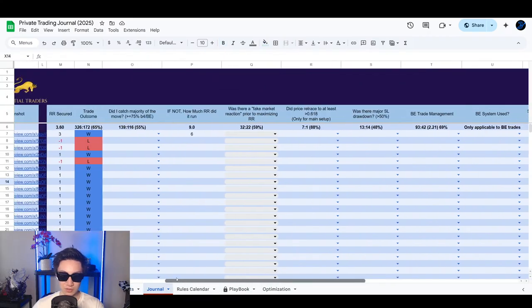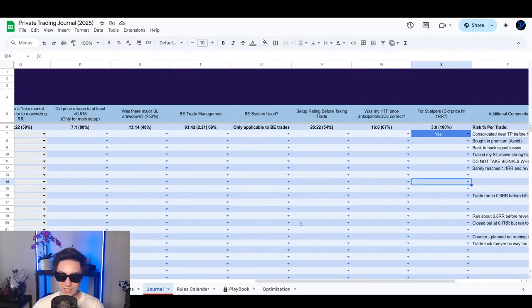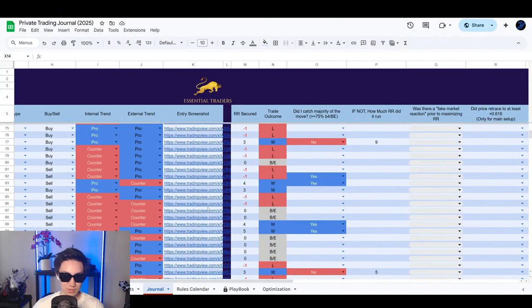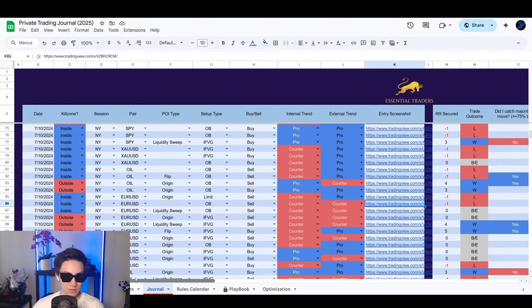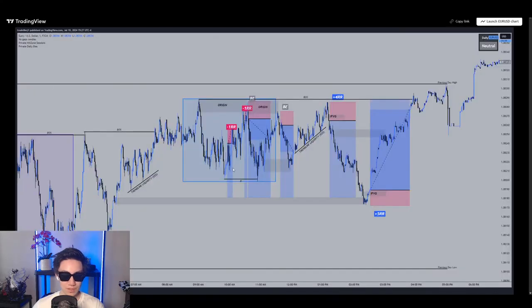I'll have to honestly look through this and answer this, because again, you want to look at the losing trades too. There are losing trades here that actually go one-to-one, and if you're scalping, it would be a winner. Like these, that might be 1, 2, 3, 4, 5, 6.